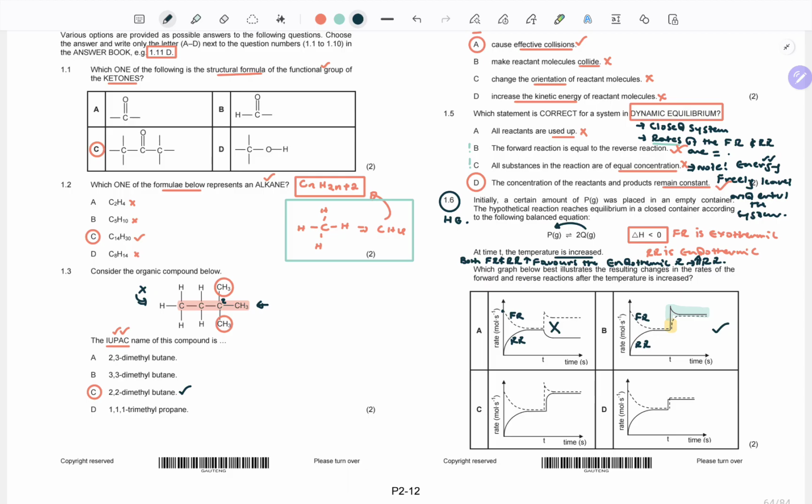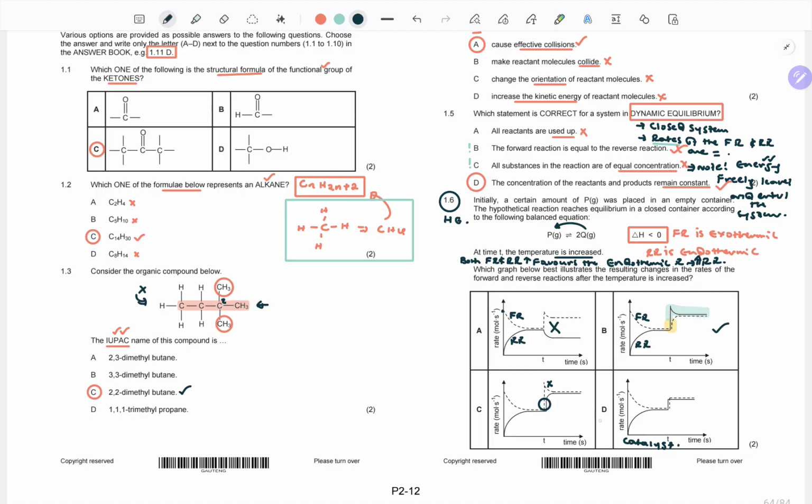If we look at this one, C, well, similar setup, and then they increase both in an acceptable way, but the problem is that the forward reaction is still on top, meaning it was favored, and that's not the case. And then D, we see that they both increase, but nothing seems favored here. This is what would happen if we had a catalyst.